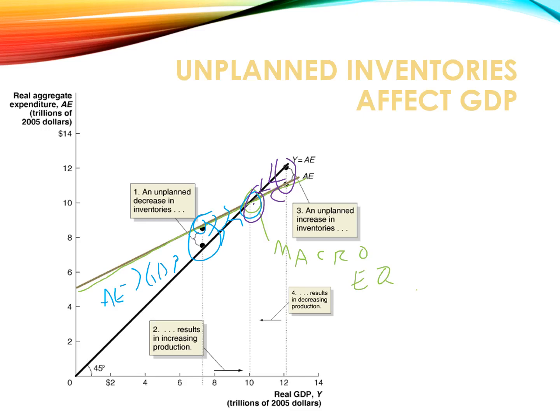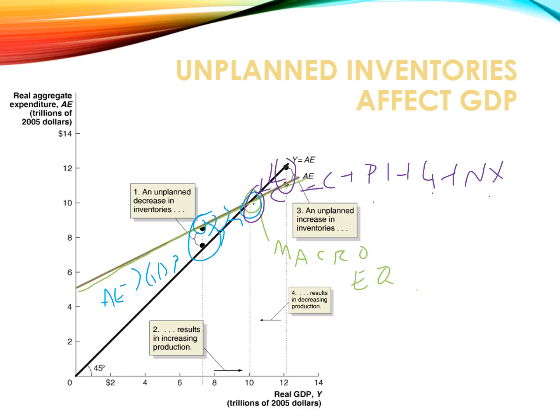So why is this the case? Well, as we'll learn, aggregate expenditures is again a component of consumption, planned investment, government spending, and net exports. And this aggregate expenditures line is going to be indicative of a bunch of assumptions that are determining consumption and investment and government spending and net exports.